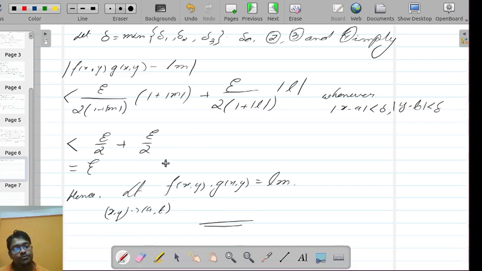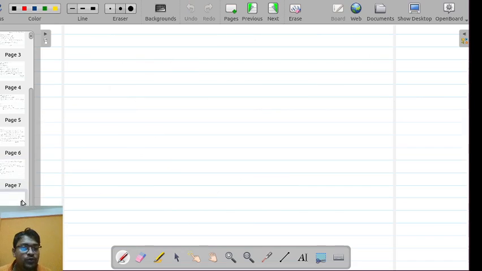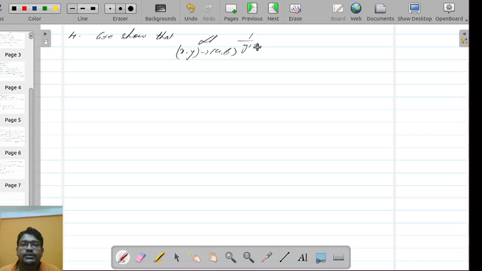And for the fourth one also we have a similar proof. So number 4 is we need to find out fx by gx. Here let us deal with a simpler case. We show that limit xy tends to ab of 1 by g of xy is actually equal to 1 by m.